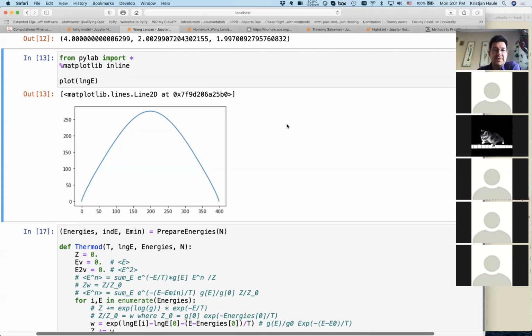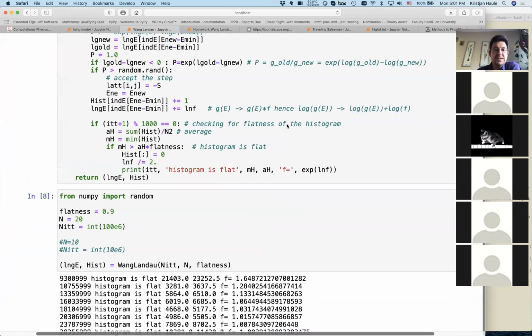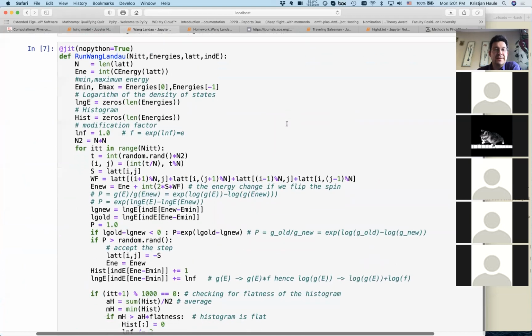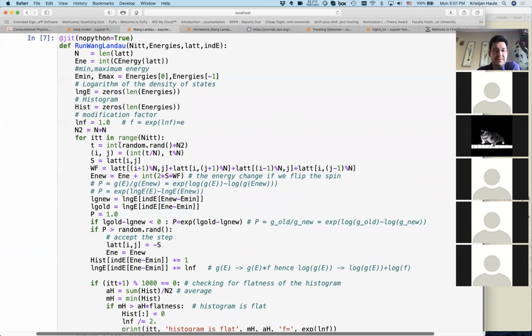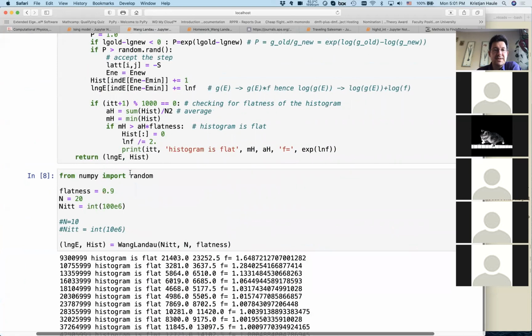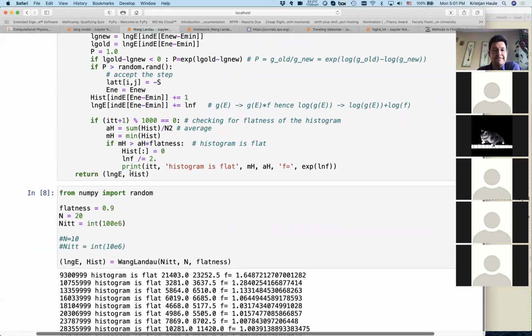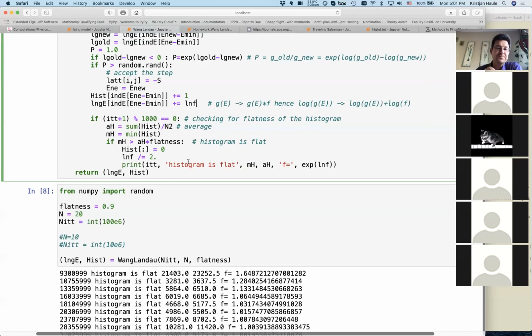So we coded the algorithm last time, and the code here was running for some time, and we were obtaining the logarithm of density of states by multiplying the density of states whenever we visited a particular energy.